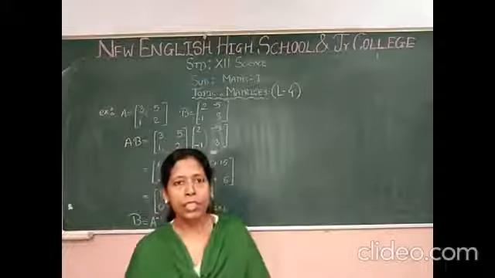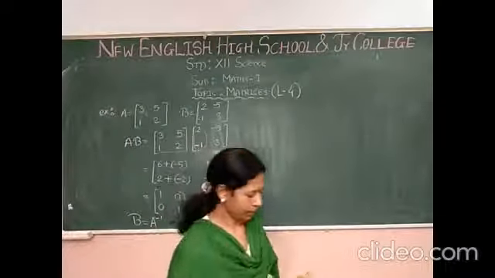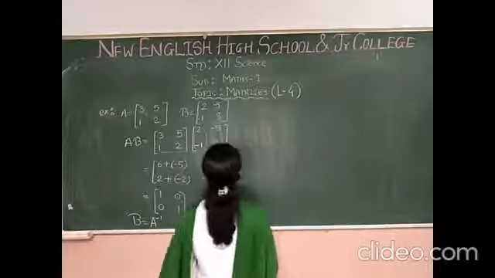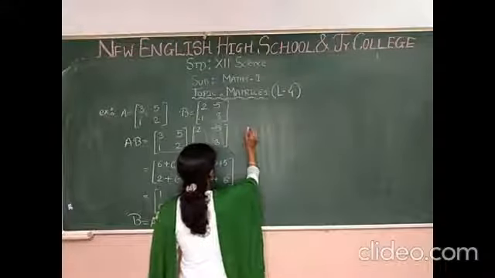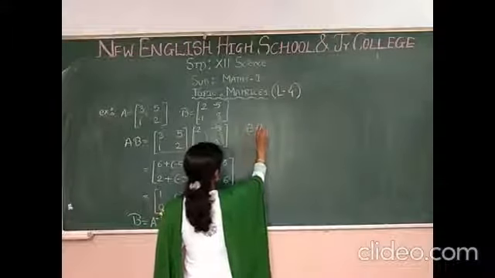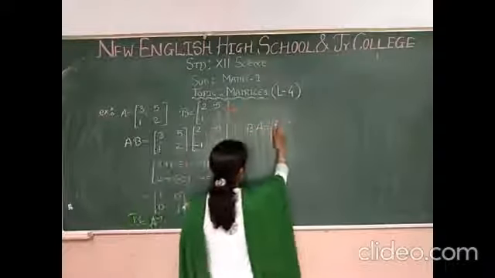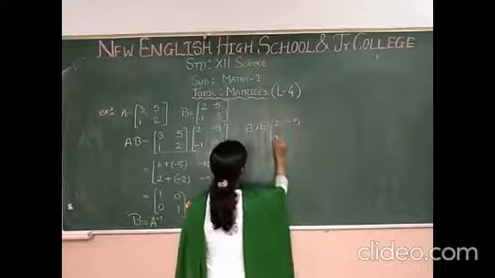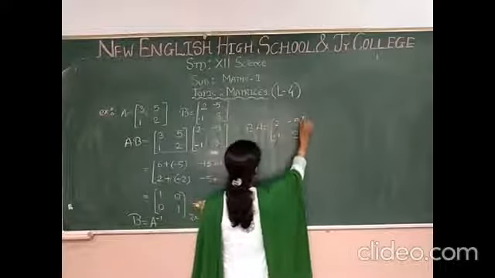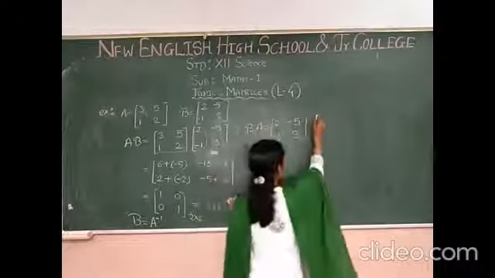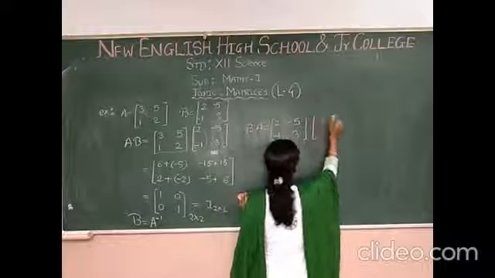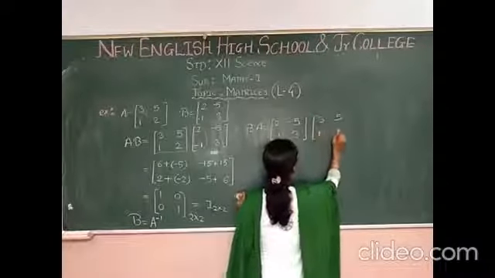Let us check B into A. We will find B into A equals 2, minus 5, minus 1, 3 into 3, 5, 1, 2.